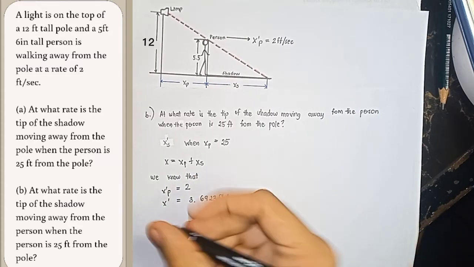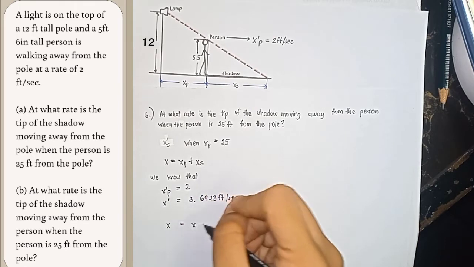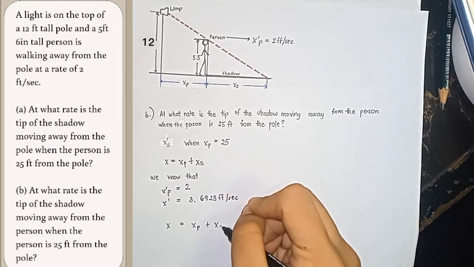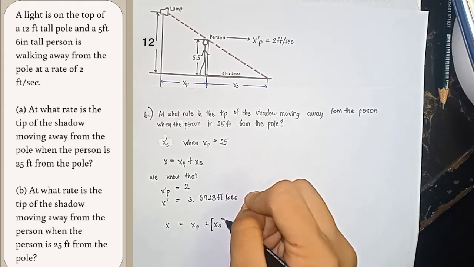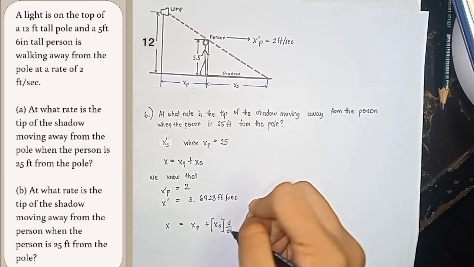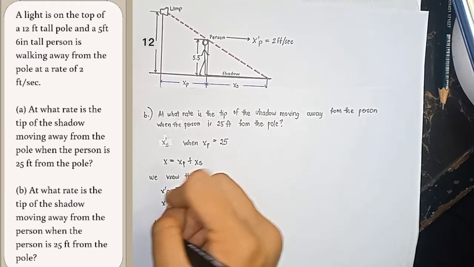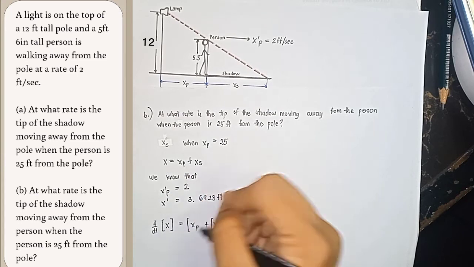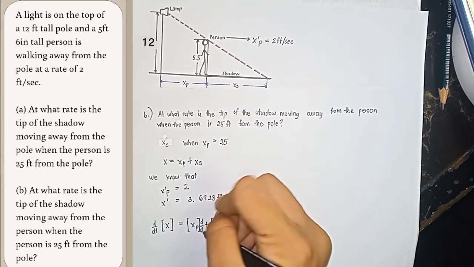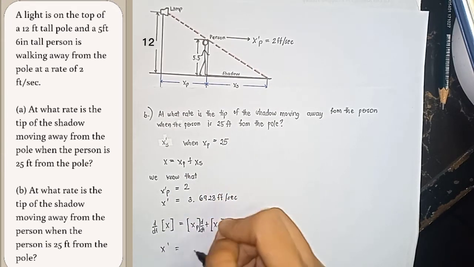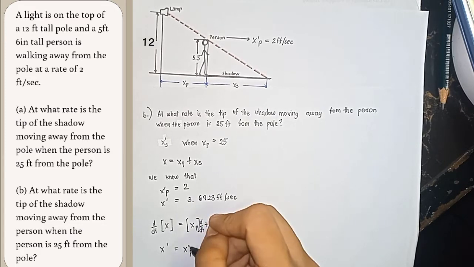So in this case, all we need to do is differentiate the equation and plug in for all the known quantities. Then we're going to find the derivative of x equals x sub p plus x sub s with respect to t. So that is x prime is equal to x prime sub p plus x prime sub s.